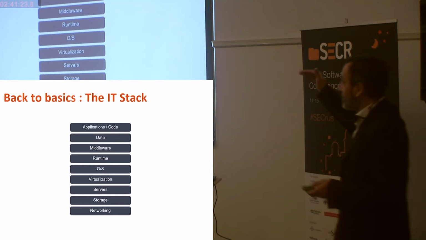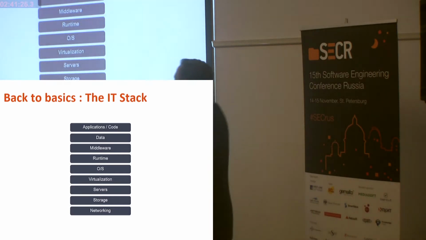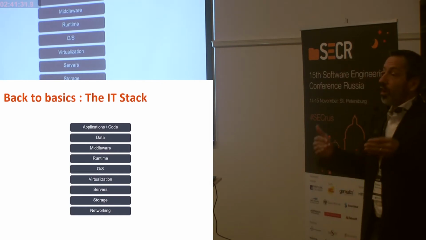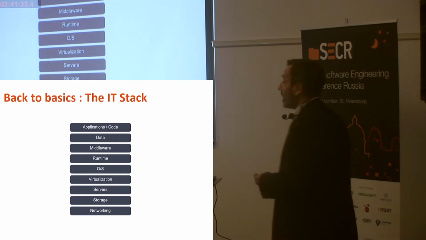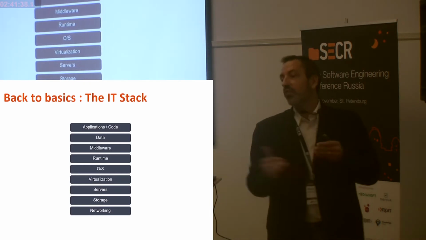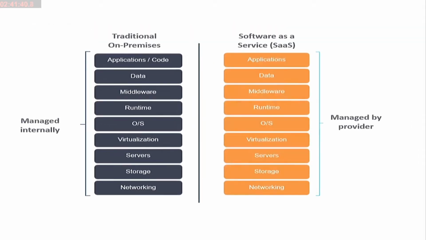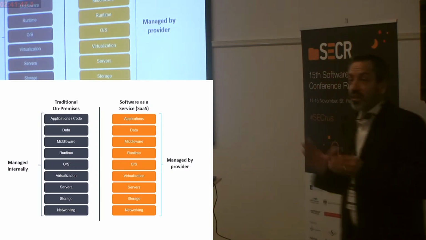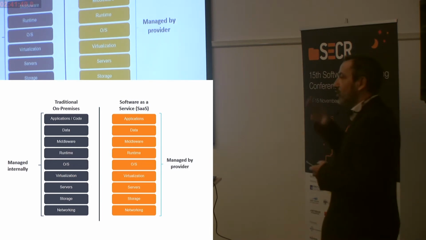So as you imagine, for every single piece of that stack, you need to have some specific skills. And in a company which is not an IT company, it might be difficult to have all those skills at the right level every time. So in the past, some companies that are not IT companies decided to externalize all the IT stack into external companies.